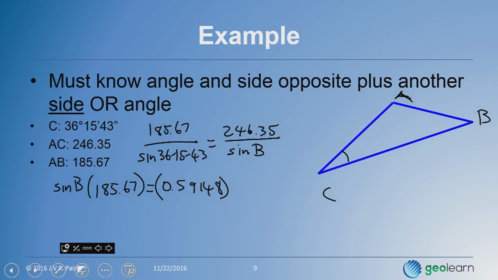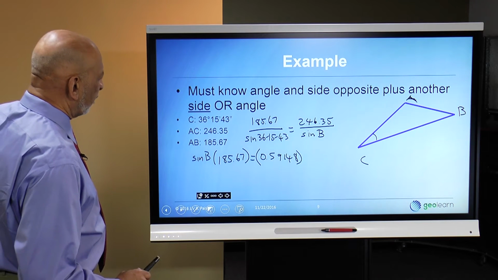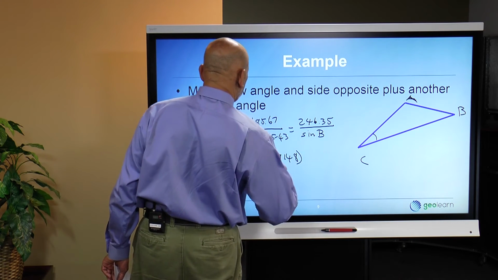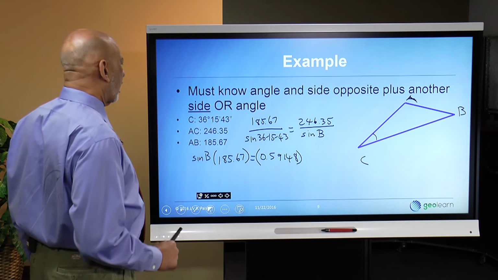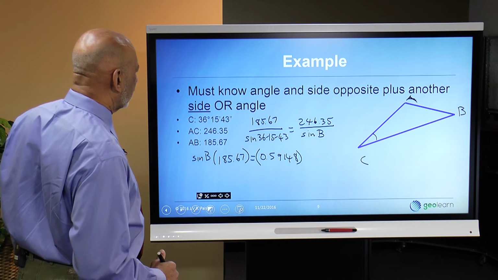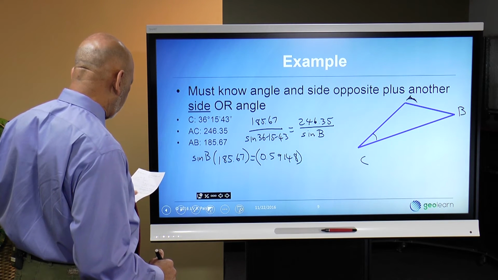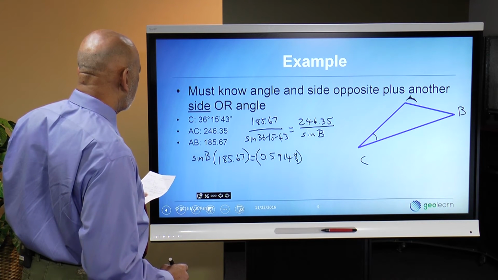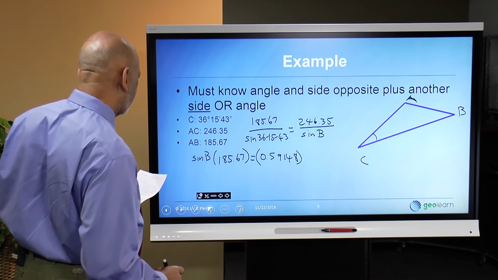And if you remember in that earlier table, I showed that the sine of 30 was 0.5. So this is one of those reasons why it's nice to know when you punch up a trigonometric value for an angle, whether it's roughly in the ballpark. So it's equal to the sine of C times 246.35.